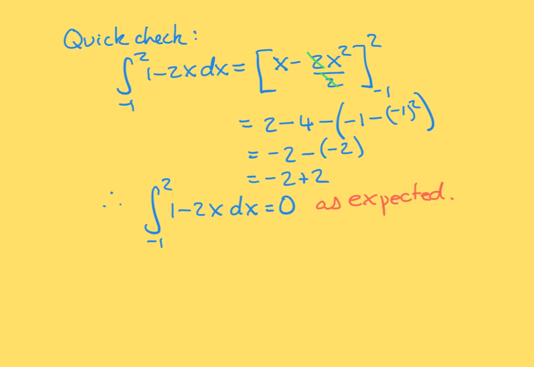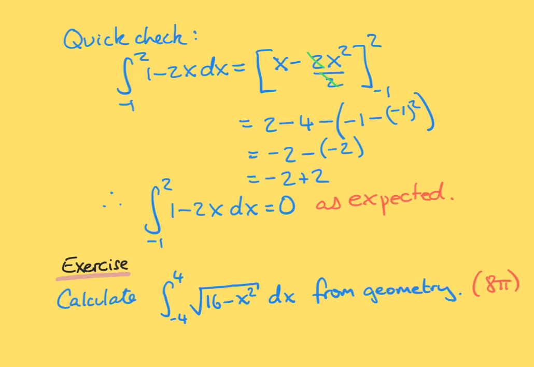So having calculated this integral in this way, I will just give you another possible exercise to work out and think about, and I will draw that for you now. So I'd like to suggest that you use geometry to calculate this integral.